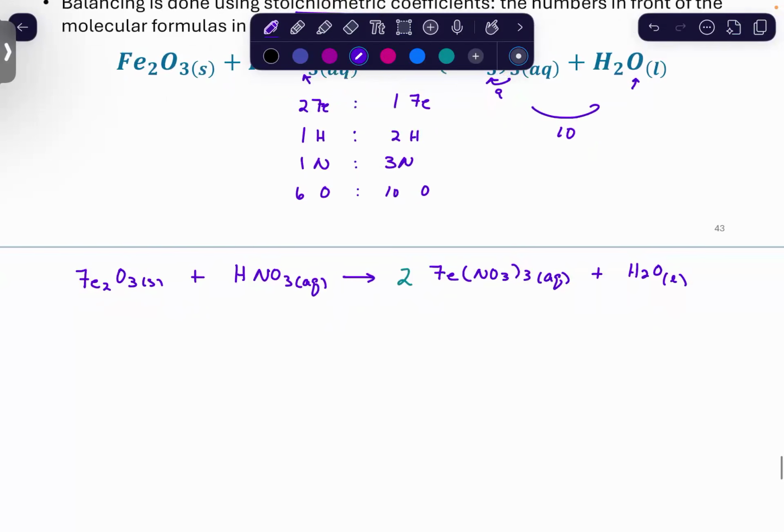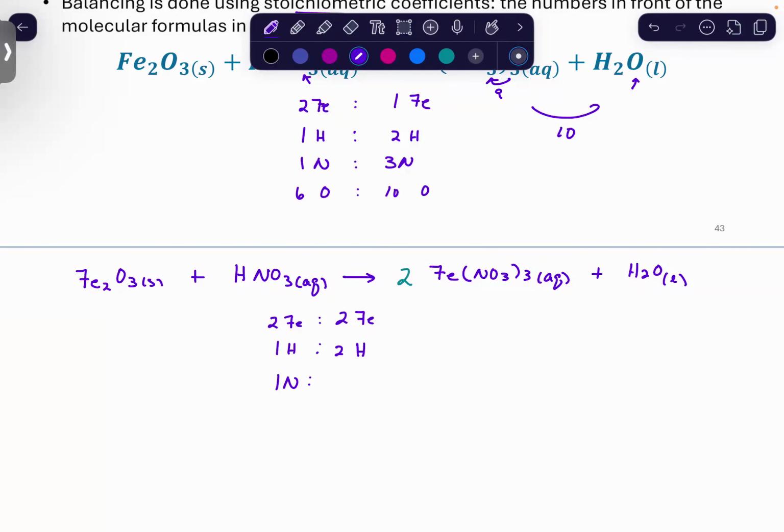Okay, so now let's count again. 2 irons on the left, 2 irons on the right, 1 hydrogen on the left, 2 hydrogens on the right. On the left, I have 1 nitrogen. And if you have to pause the recording to count this out, make sure you're doing that. 1 nitrogen on the left.